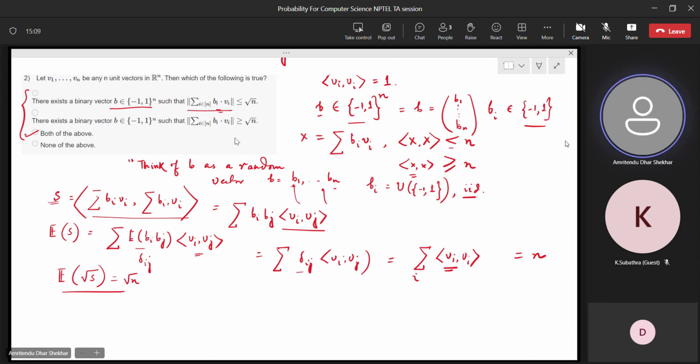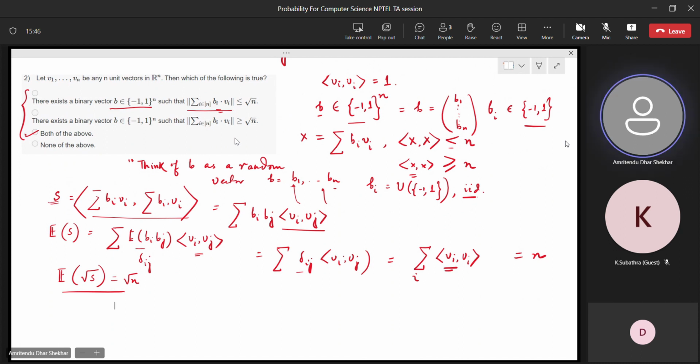Okay. So forget about S. Just think of some random variable x. Assume that x is some random variable which takes only positive values, and so its mean is always going to be positive. Let's say mu is the mean of that random variable. Then there must exist some values that the random variable takes which are smaller than the mean, and some values which are greater than the mean.